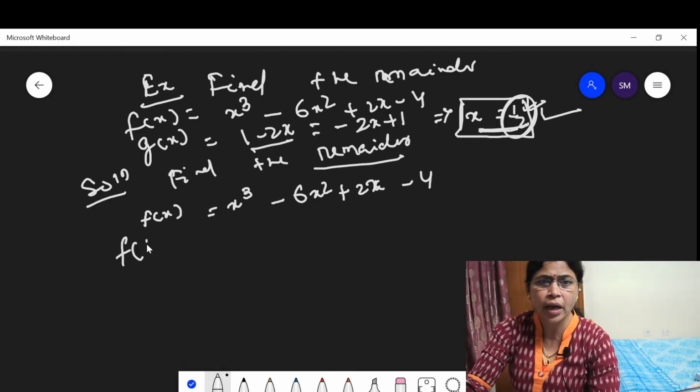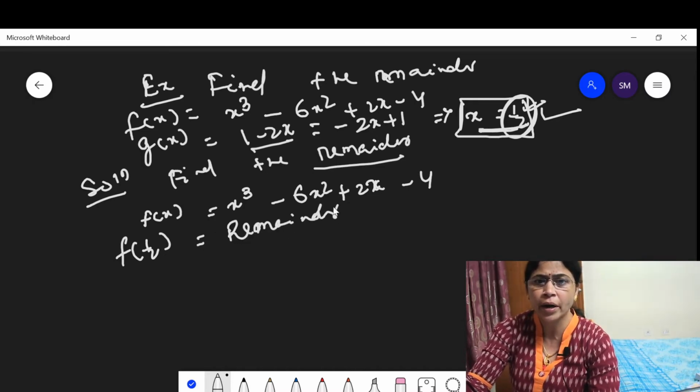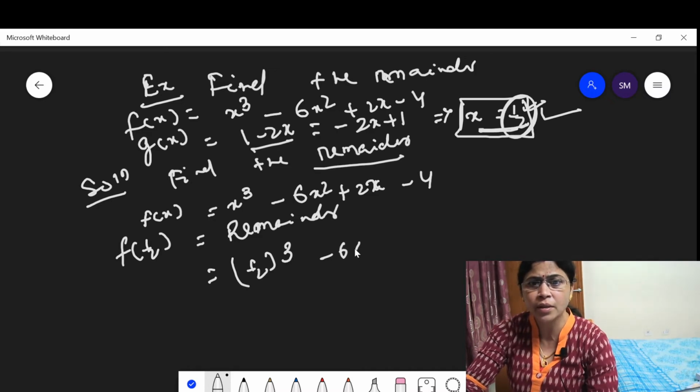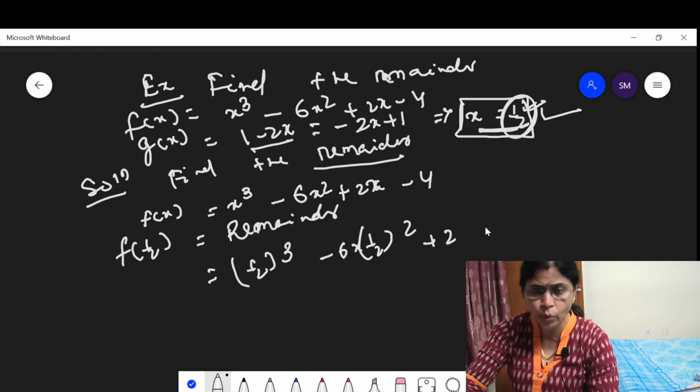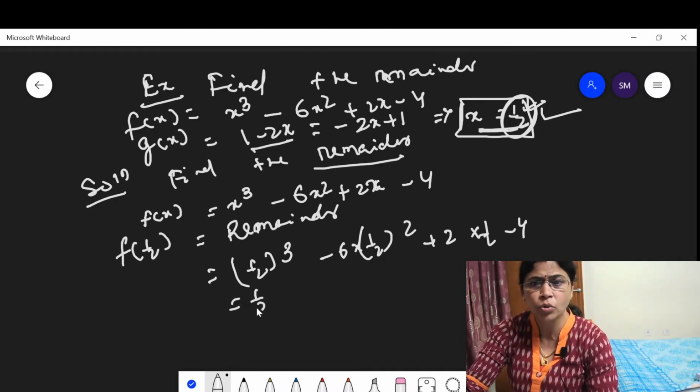As we know, f of half is the remainder according to the remainder theorem, which is equal to (1 upon 2) cube minus 6 into (1 upon 2) square plus 2 into 1 upon 2 minus 4. This is 1 upon 8 minus 6 into 1 upon 4 plus 1 minus 4.